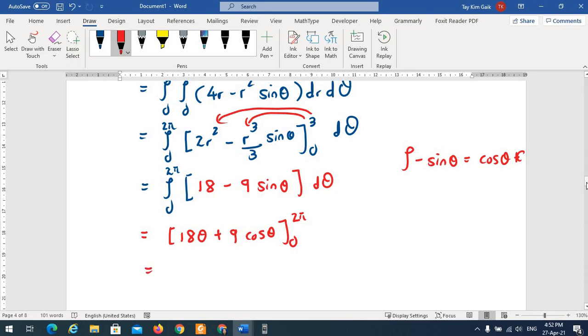So plug in the upper limit of 18 times 2 pi plus 9 cos 2 pi, then minus, when theta is 0, we have 0 plus 9 cos 0.